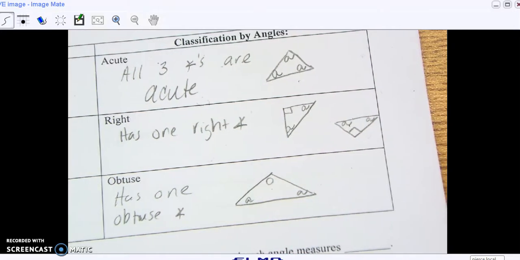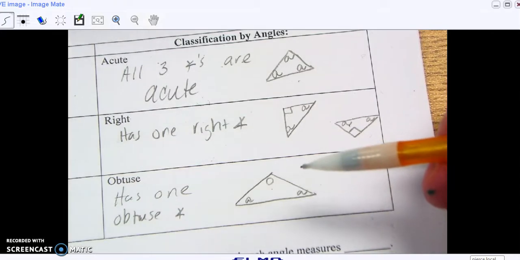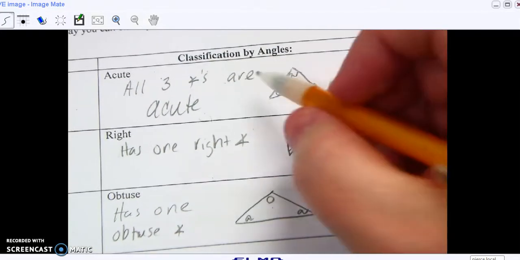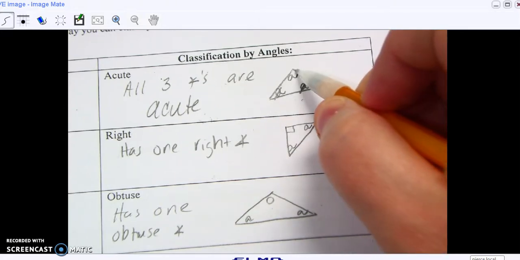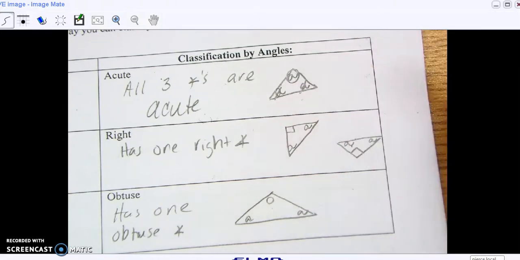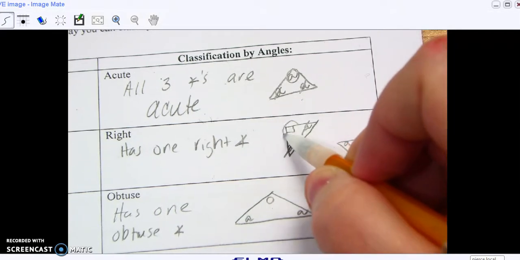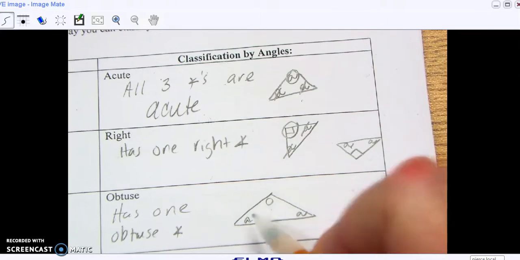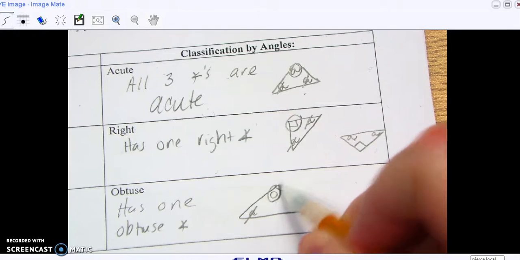All right, just to point this out, it said that every triangle has two acute angles. So on each of your triangles, if you go to an acute and mark it out, what are you left with? This is an acute triangle. Go to an acute and mark it out, what are you left with? This is a right triangle. Go to an acute and mark it out, what are you left with? It's an obtuse triangle.